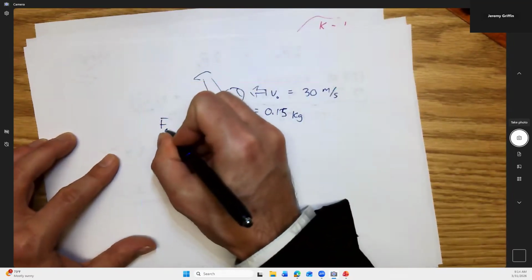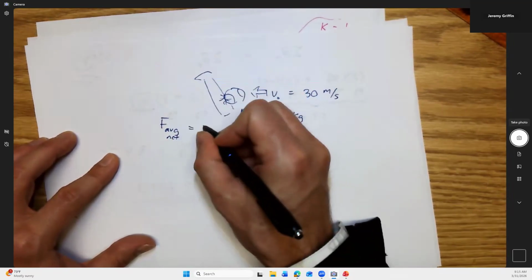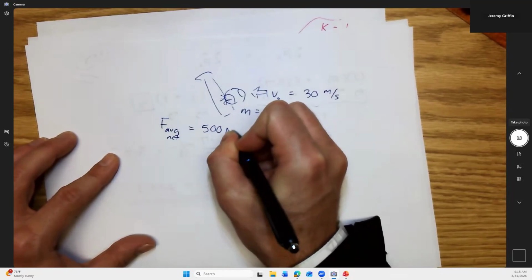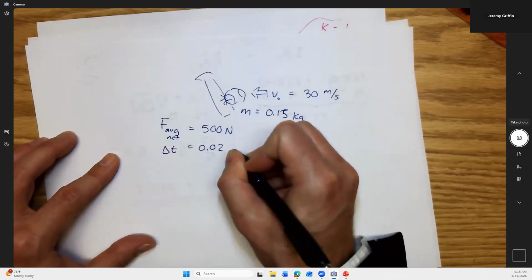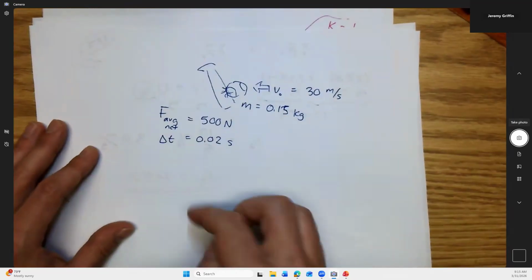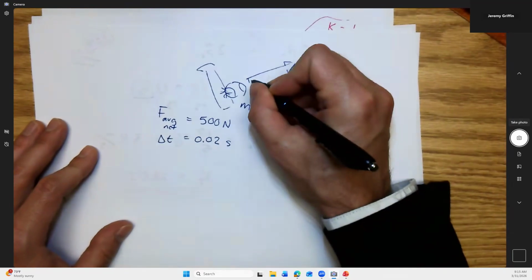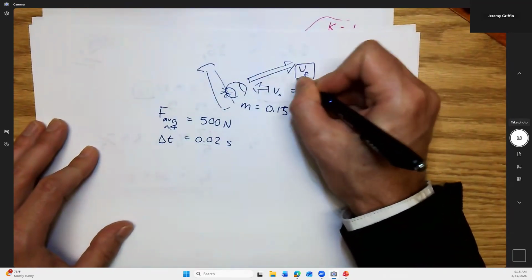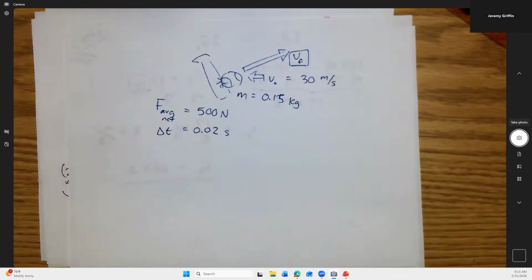Let's say the average net force on the ball from the bat is 500 newtons, and that lasts for 0.02 seconds. What I want to know is how fast the ball is flying towards the outfield. Call it V final. Solve for V final. I don't know 100% how realistic these numbers are, but we're going to find out.